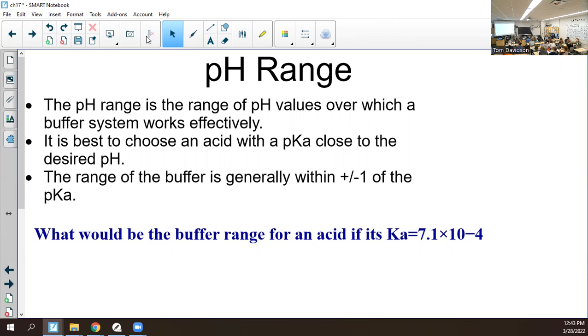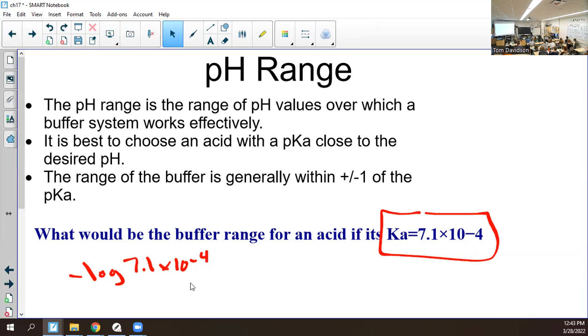So what that means is we are given this acid right here. You take the negative log, 7.1 times 10 to the negative 4, and someone tell me what that is. 3.15.